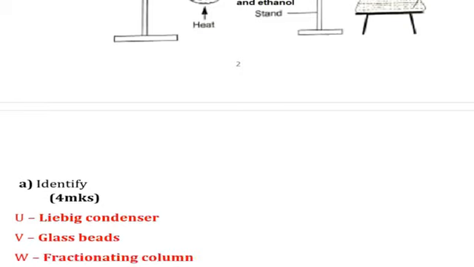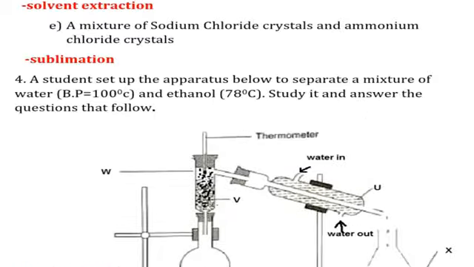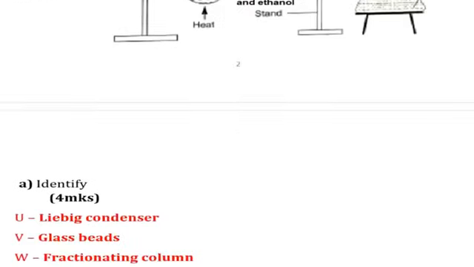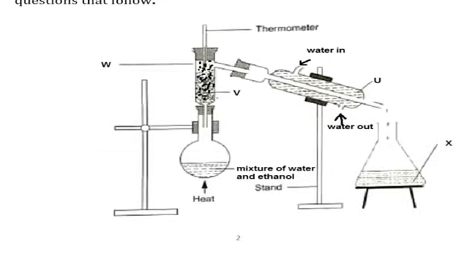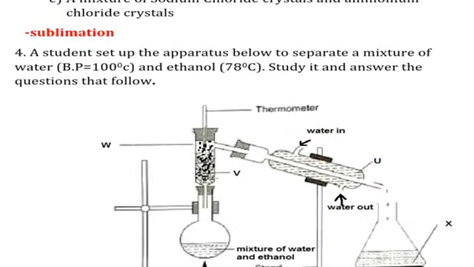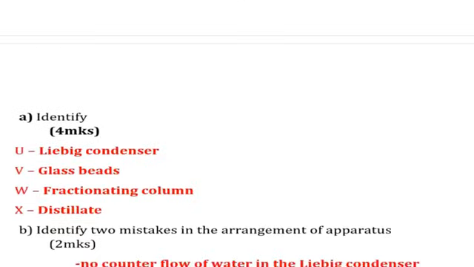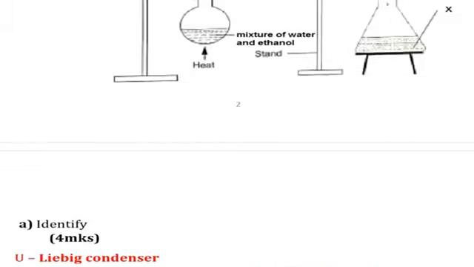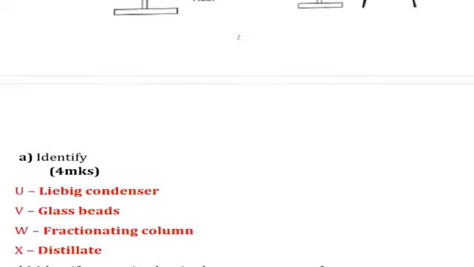Liebig condenser. V, where is V? That one is glass beads. W, where is W? It is there. That one is fractional column. X is distillate.